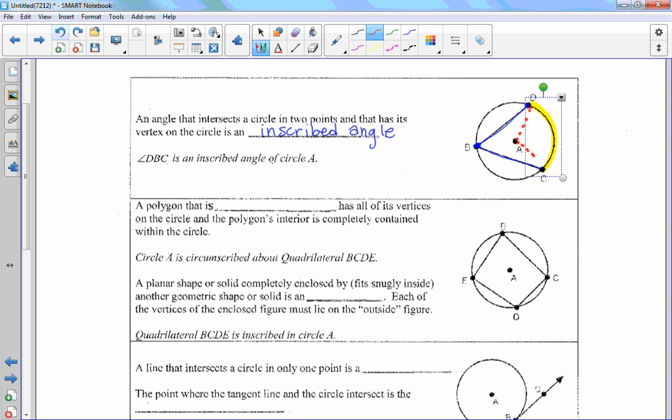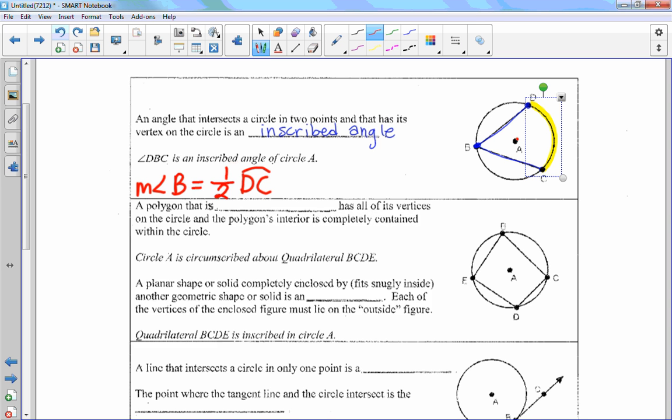But the measure of angle B, our inscribed angle where the vertex is no longer at the center of the circle, is half the length of the arc DC, or the arc is twice. So the arc is twice the length of the angle's measurement.